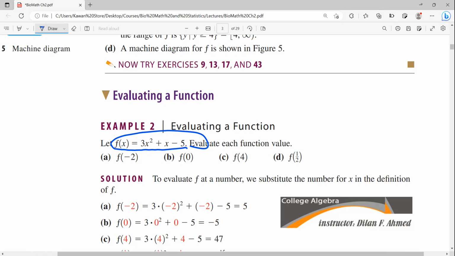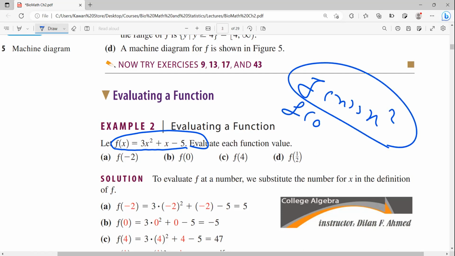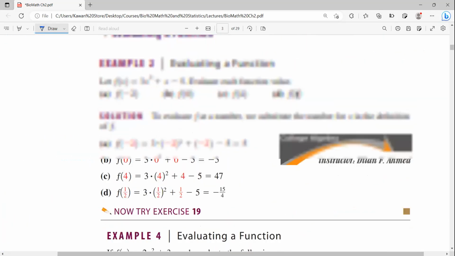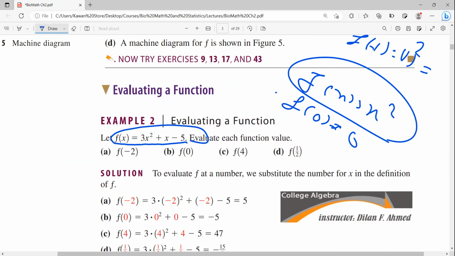If you have f of x equal to x squared, now if I give f of 0, I'll get 0 squared, right? If I say f of 1, I'll get 1 squared, so I'll get 1. If I have minus 1, of course, I have minus 1 squared, and I'll get 1.